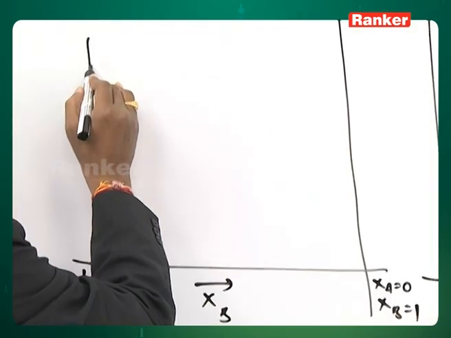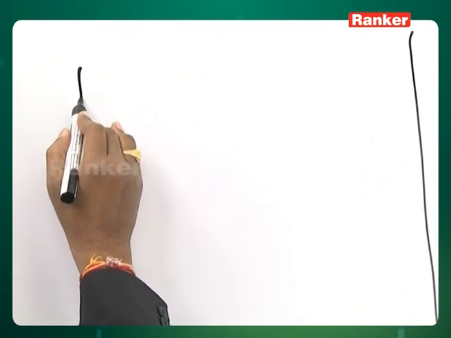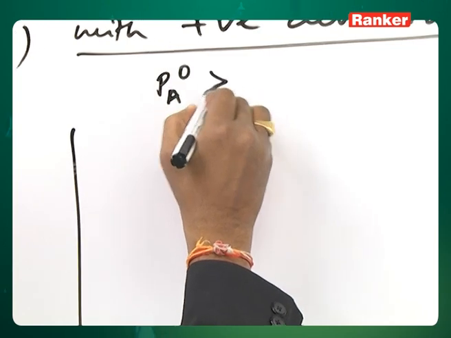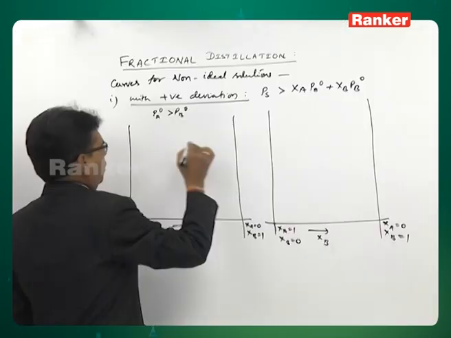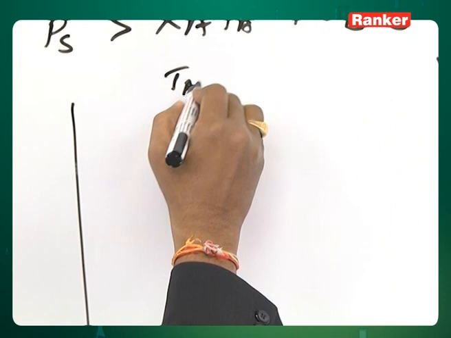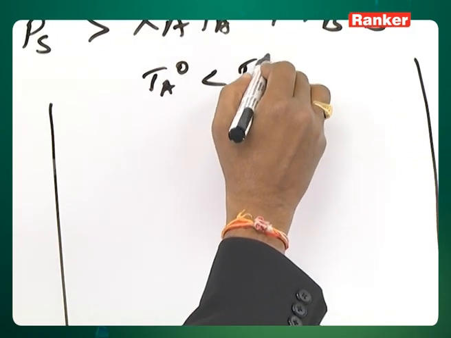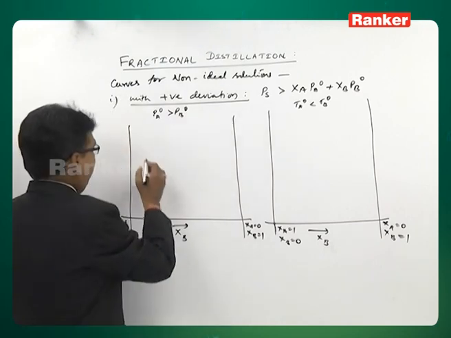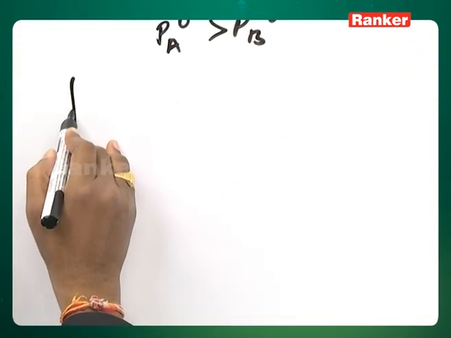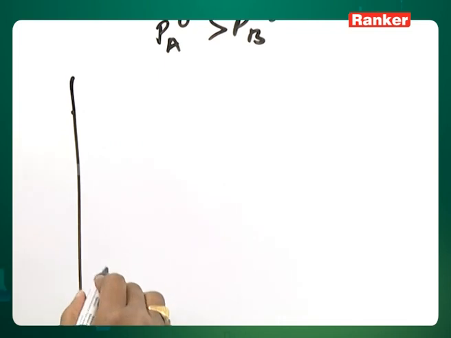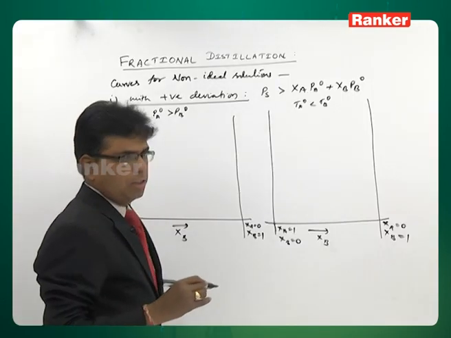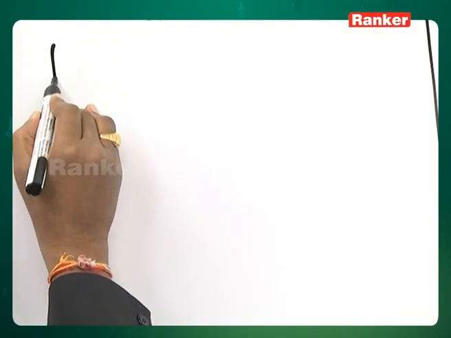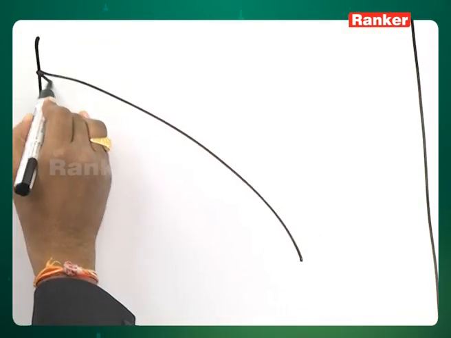For the vapor pressure, again similarly, if you consider the case where P A naught is greater than P B naught, obviously T A naught will be less than T B naught. That means A is a more volatile liquid than B. Then the graph we get is something different from what we have seen here. It is the positive deviation we are talking about, so the graph will be something like this.